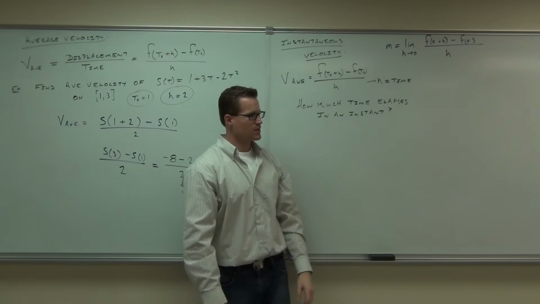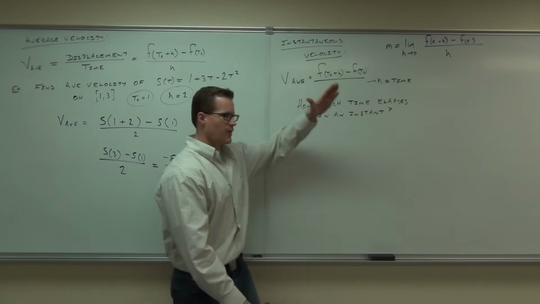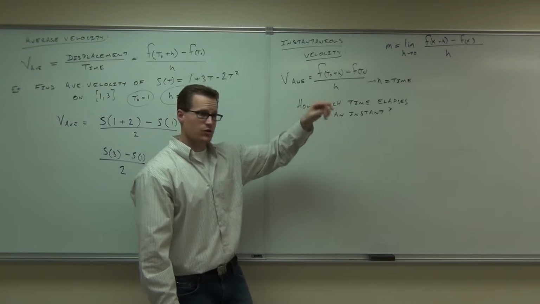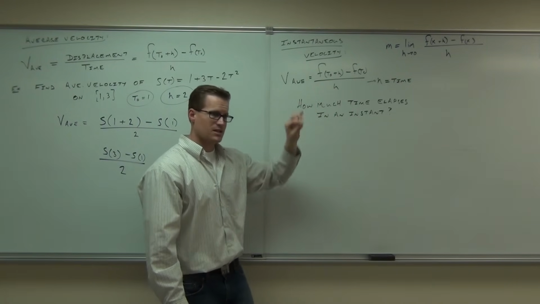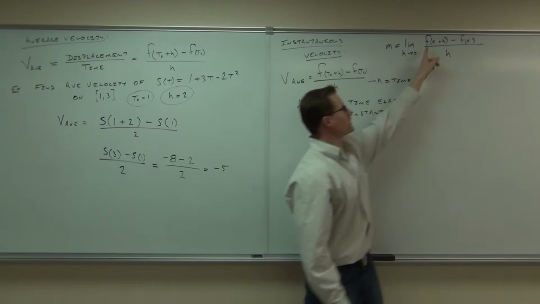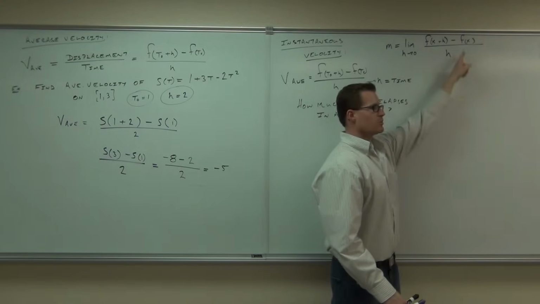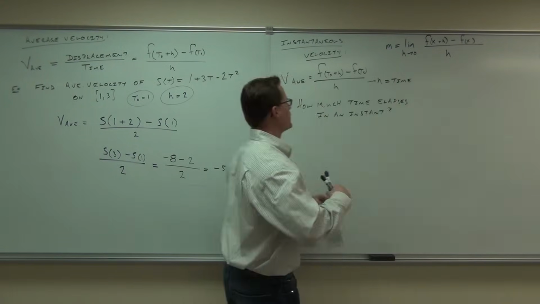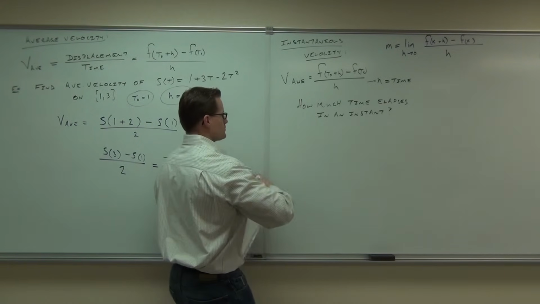That should make sense. If you have a position curve and you find out how fast it's going up at a certain point, wouldn't that give you velocity? Average would be between 2 points. Instantaneous is at a single point. That's the same idea as the slope between 2 points and the slope at a single point. So instantaneous velocity does the same thing we did with the slope of a curve. It says here's the average.